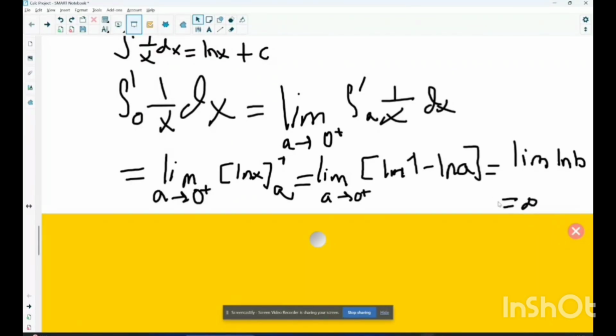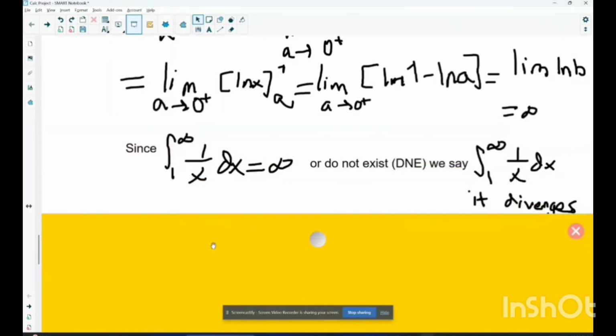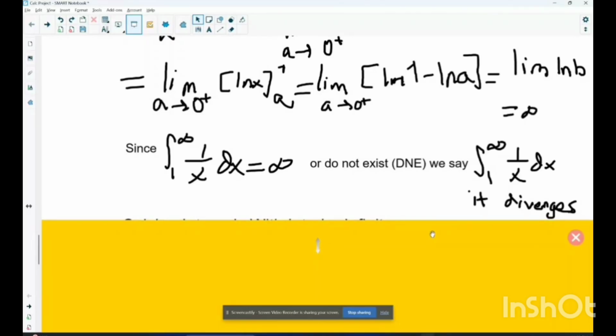And as we looked at previously, if you evaluate it and the number's not real, then that means it diverges, which is important to know. The difference between converging and diverging.